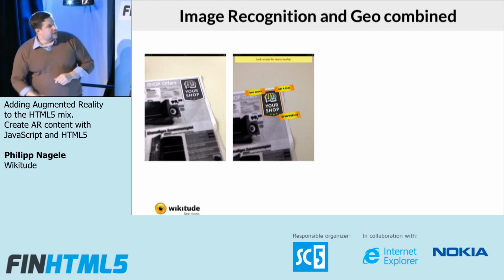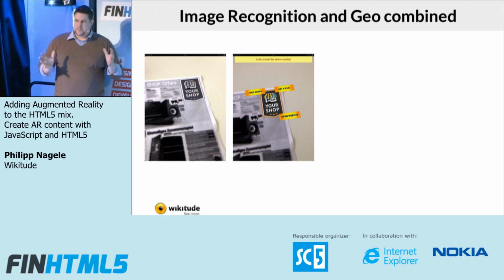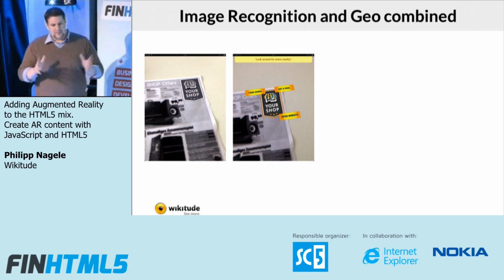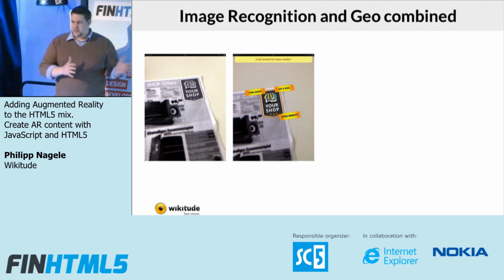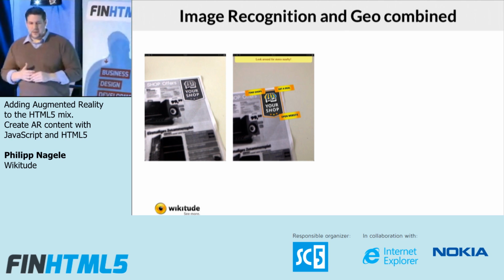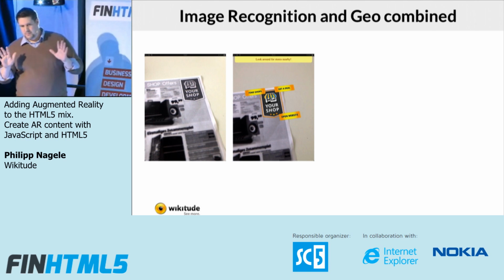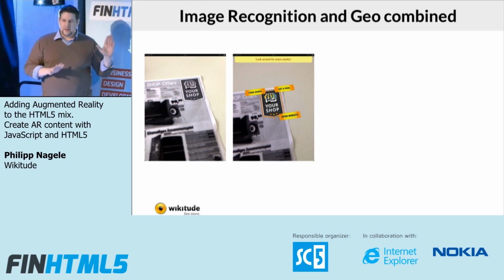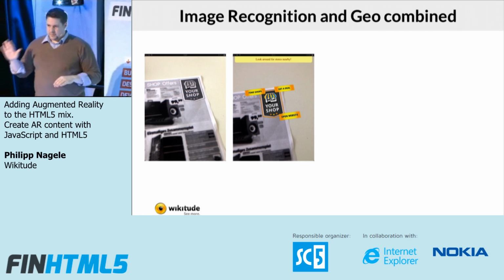A use case I was referring to, image and geo combined. Probably, if you're not that deeply familiar with augmented reality, why are we talking about image recognition and geo, and why is there all the fuss about it? They're two very separate technologies, and companies until now took the route of supporting either geo-based AR, so sensor fusion-based AR, or image recognition AR.